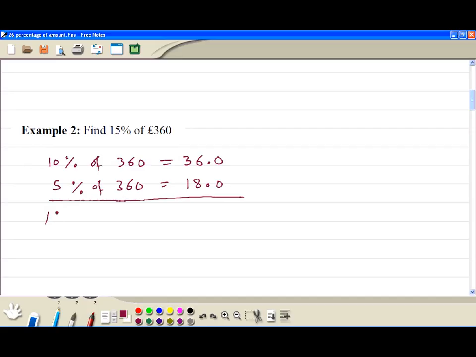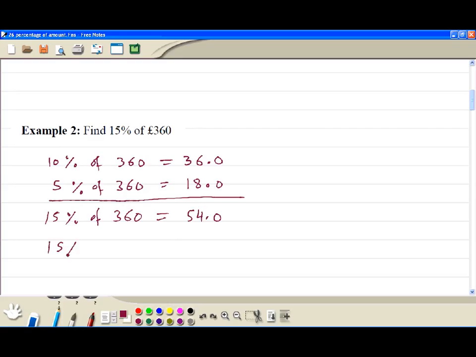Then 15% we add, so 0 plus 0 is 0, 8 plus 6 is 14 and carry 1, then 3 plus 1 plus 1 is 5.